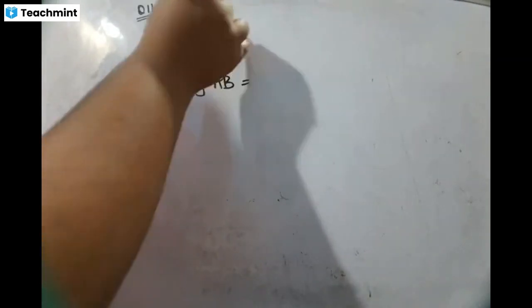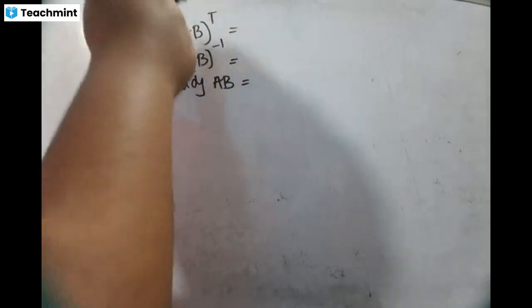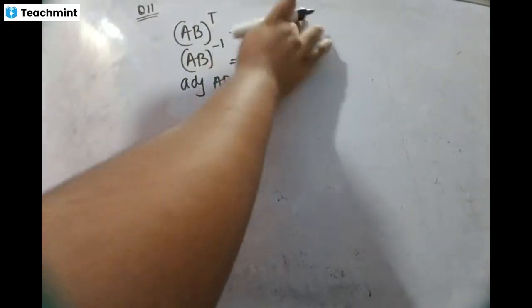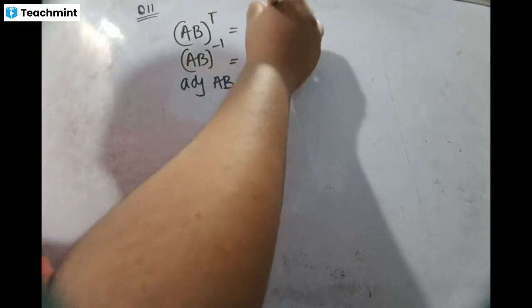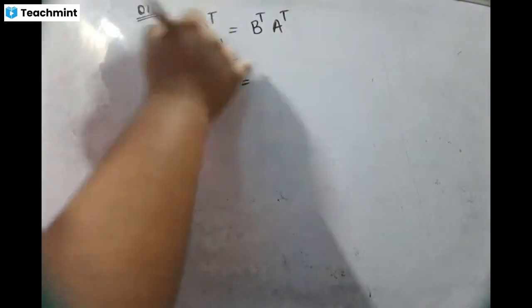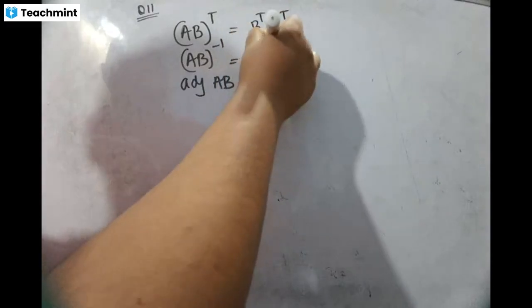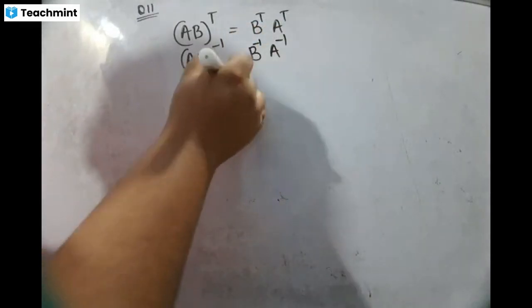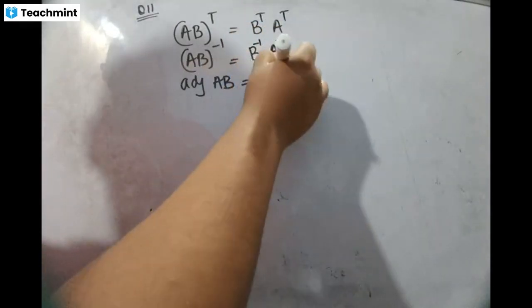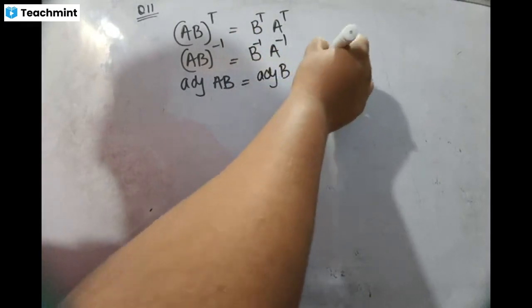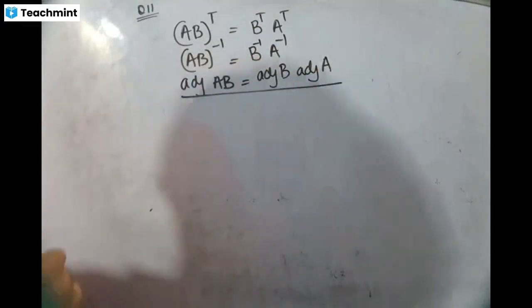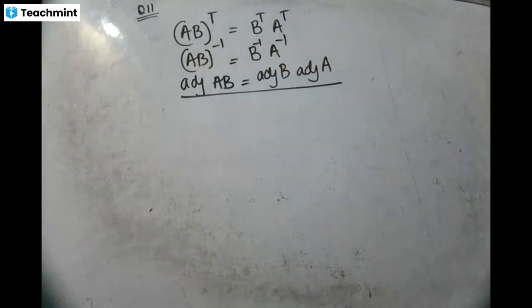I've already told you the transpose goes inside, but the position of the matrices changes, so it becomes B transpose, A transpose. Inverse goes inside, but it becomes B inverse, A inverse. Similarly, adjoint goes inside, but it becomes adjoint B into adjoint A. So this was question number 11.